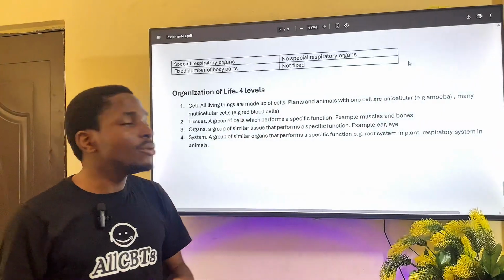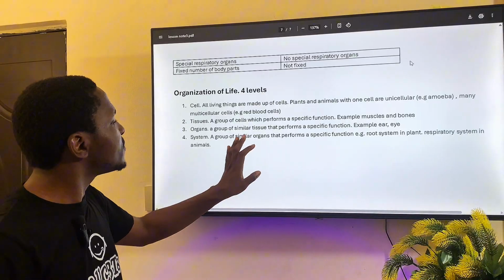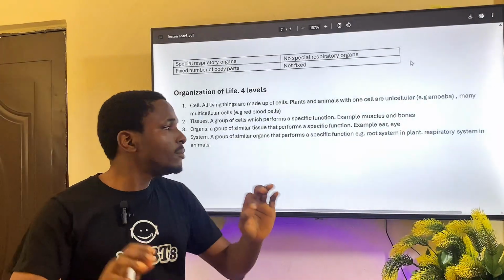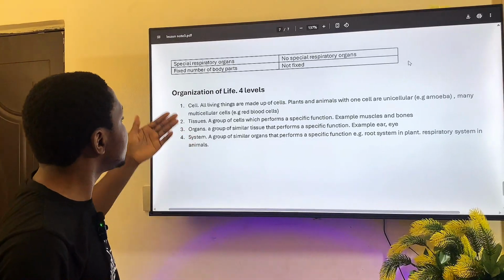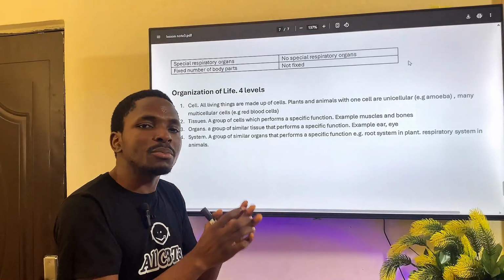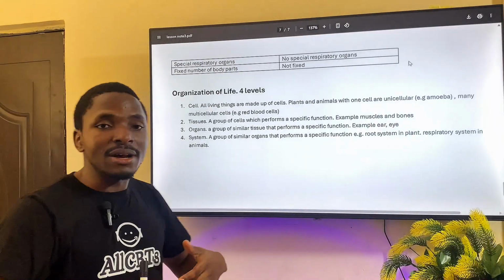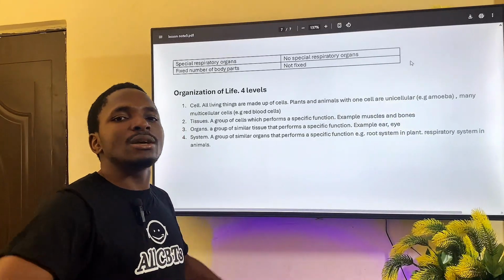And then lastly, we have system. What is a system? A system is a group of similar organs that perform a specific function. Just as we have the organs, the tissues, they are similar organs coming together to perform a function. You must have heard of the excretory system. That is the system that allows you to pass out waste.